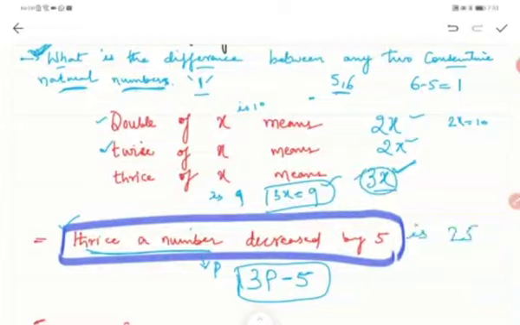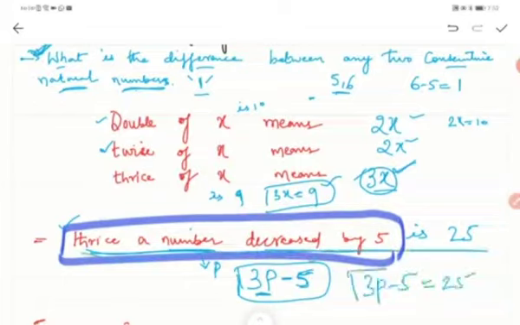If I say something like this, first your expression will be 3p, that is thrice a number, decreased by 5, so minus 5 I am taking. So this is the expression, and the total statement is 3p minus 5 is equal to 25. This is an equation.